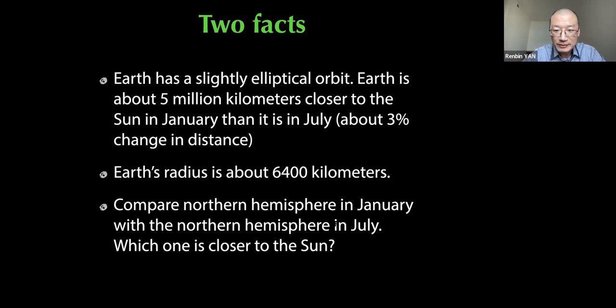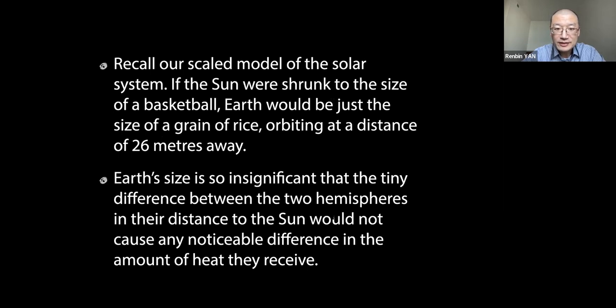So it's actually much easier to just think about our scaled model of the solar system. When the sun is shrunk to the size of a basketball, the Earth will be just the size of a grain of rice, orbiting at a distance of 26 meters away.